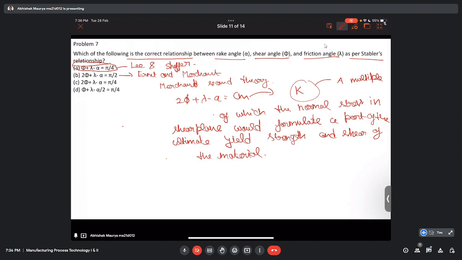Basically, when we apply any force, not all the force component is responsible for the deformation. Only some part is responsible, the component working along the shear plane. So that comes into the picture, and if that was the case, then it was the Merchant second theory, and the last one is the correct answer, and that is called Stabler's relation.